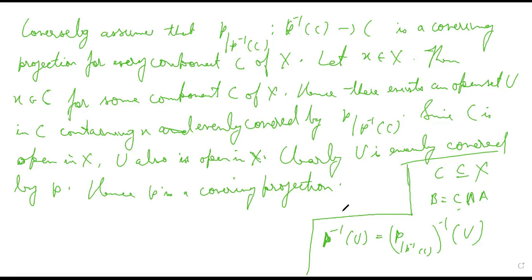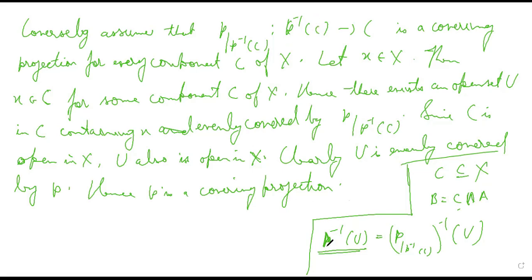Now P inverse U is an open subset of P inverse C. And you can write this P inverse U as a disjoint union of open sets in P inverse C, but P inverse C is open in X tilde, and every open set in P inverse C will also be an open set in X tilde.